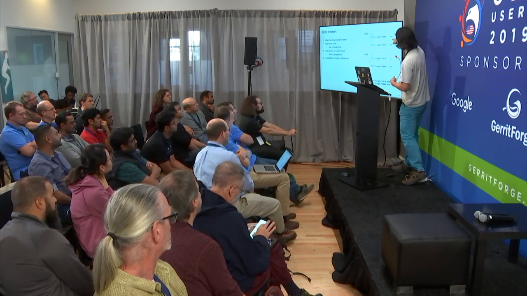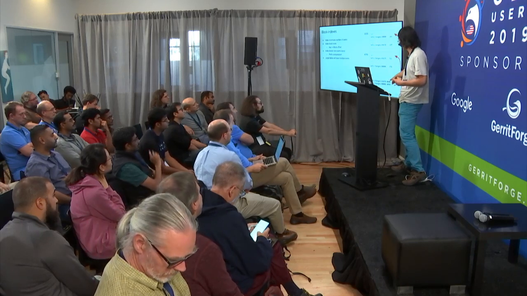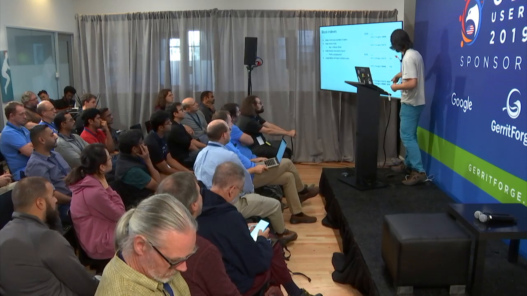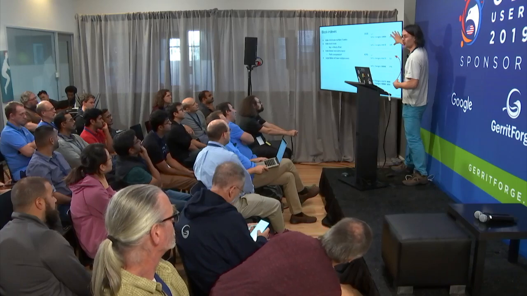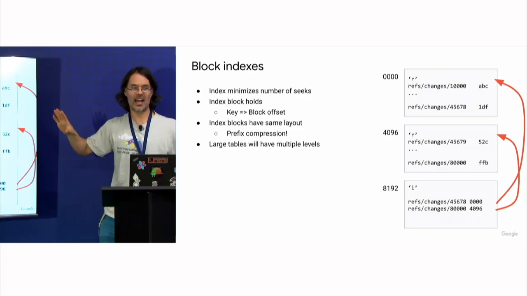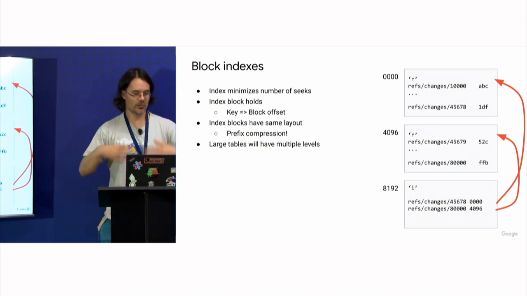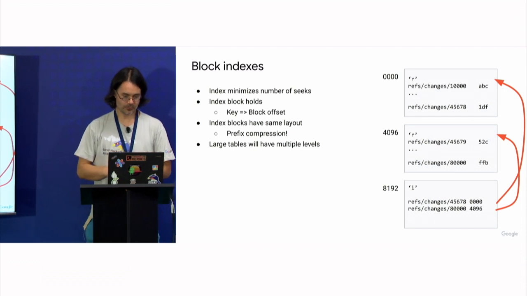It's somewhere over here. Then we look at the first key in this block that is beyond there. That will be the first one. And then we know that we have to go all the way here. And now we're inside a block. And as we saw in the last slide, we already know how to do a block. And so we can do the thing we want to do.